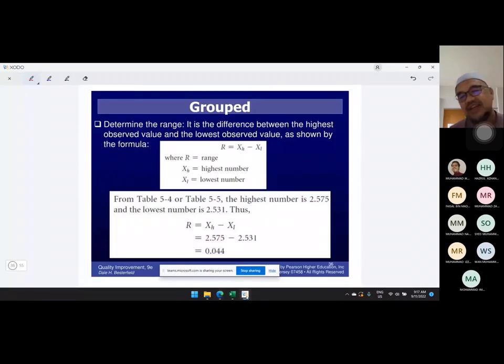Sorry. Okay. So you know range is maximum minus minimum. Remember we talked about xi, the individual value. And we know z equals xi minus mu, which we already discussed.